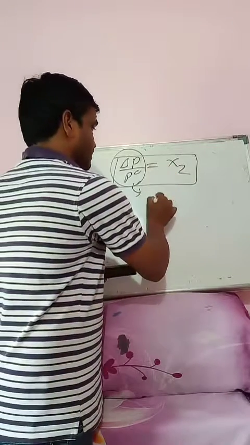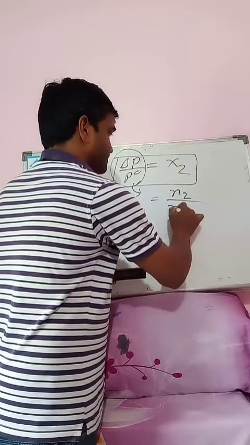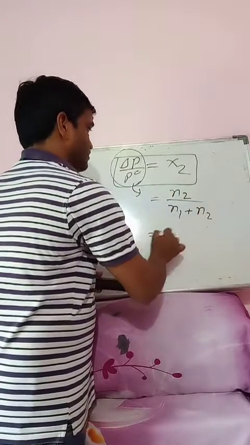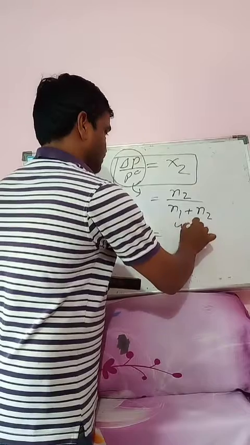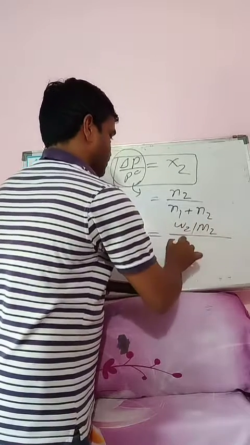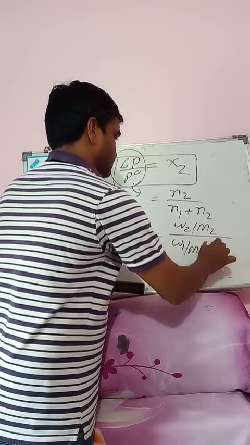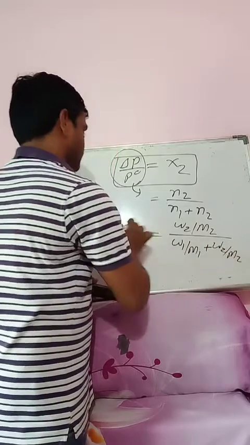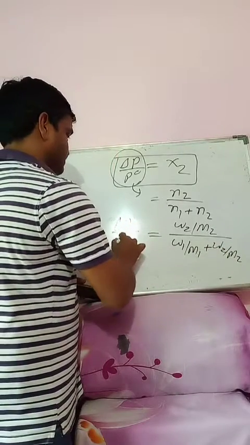So from this we can write xi2 is N2 by N1 plus N2, or W2 by M2 by W1 by M1 plus W2 by M2. So this is delta P by P naught.